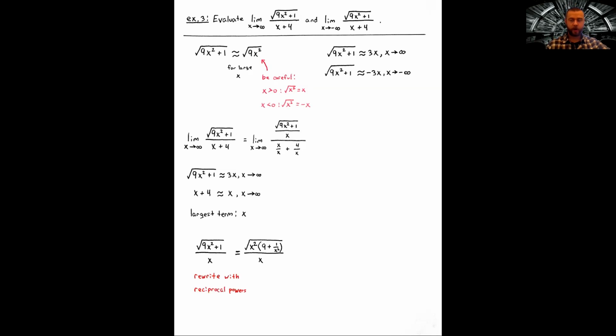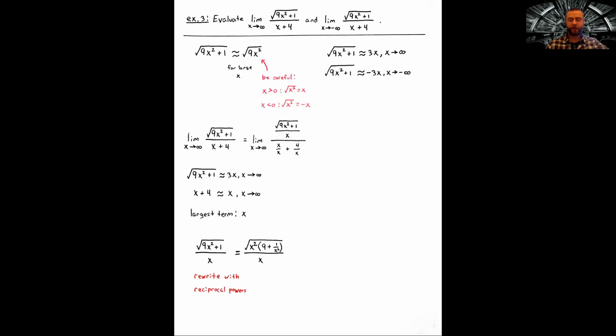All right, now recall the reason that we divide by the largest term. Our goal is to mathematically rewrite this function with reciprocal powers in it. So let's think how we can quickly get reciprocal powers. There are several equivalent mathematical and algebraic ways to do this, but this, I found in my years of teaching, is the simplest approach that students prefer.